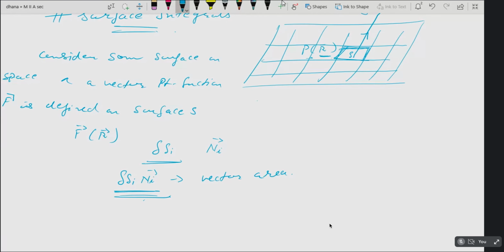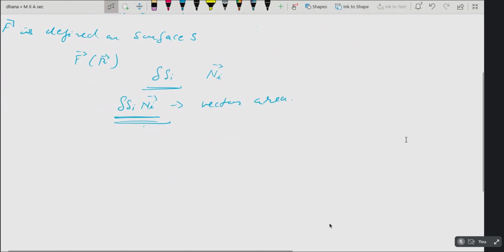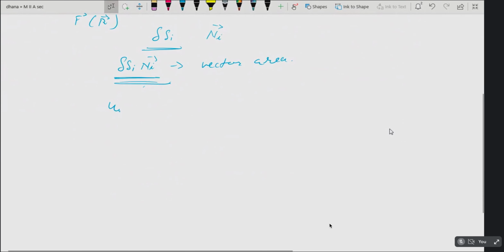Now, in this surface itself, take some position vector Ui bar of any point of Si. In this subsurface, take some position vector Ui bar of any point of Si.